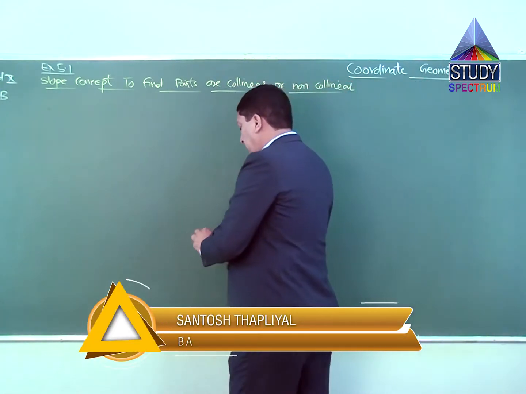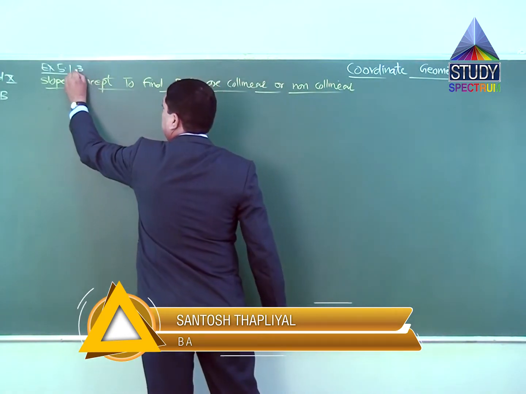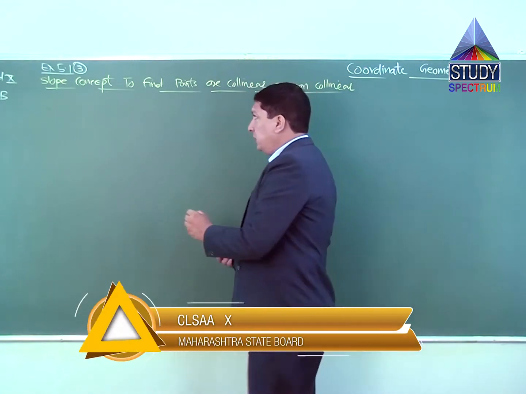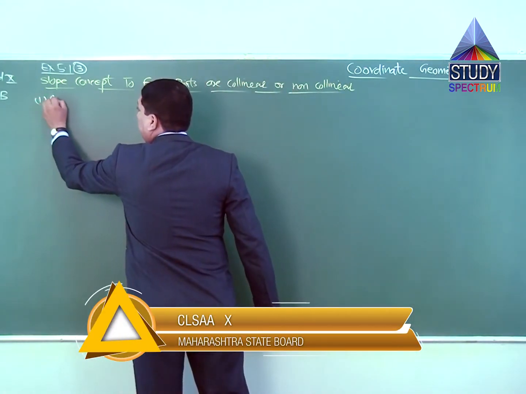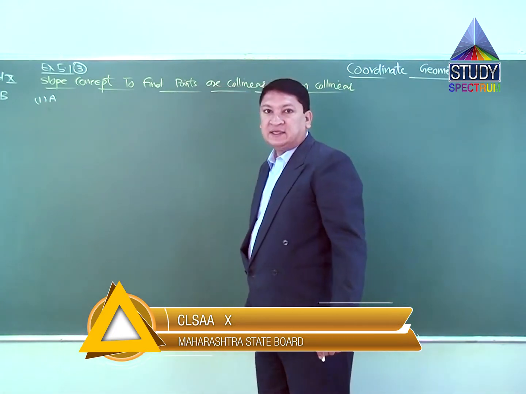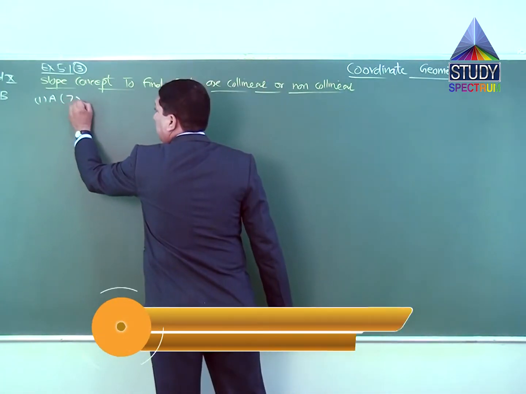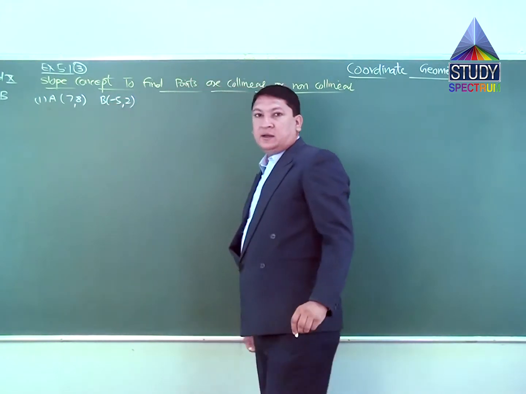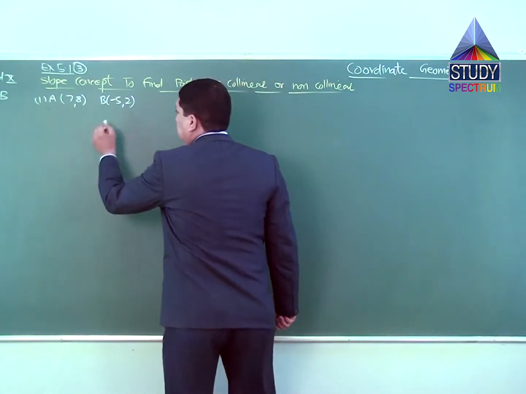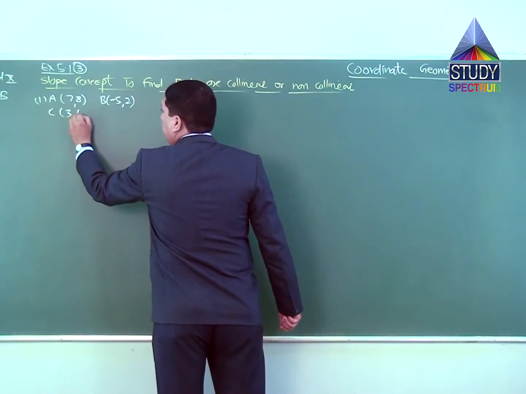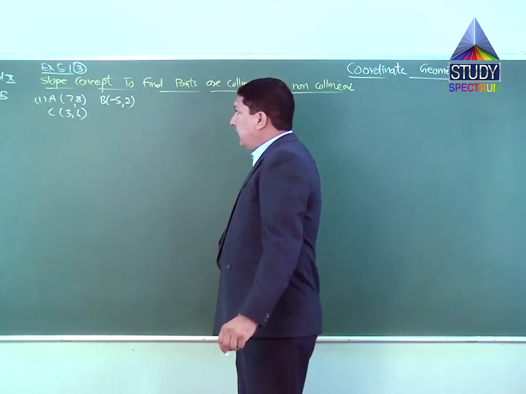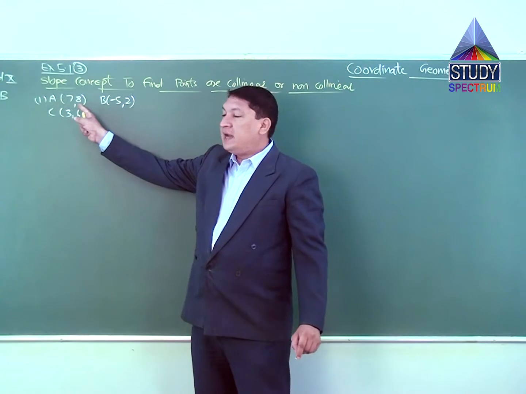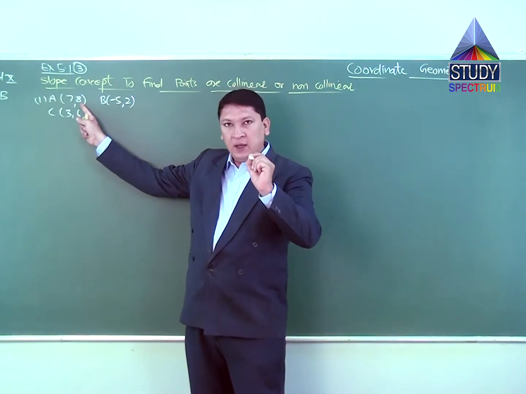This is your 5.1 third sum. Points given to us: A (7, 8), B (-5, 2), and point C (3, 6). 3 points are given to us, A, B and C with the coordinates. As I said, coordinates means we identify the location of a point on a graph.